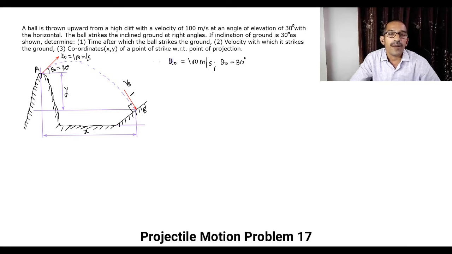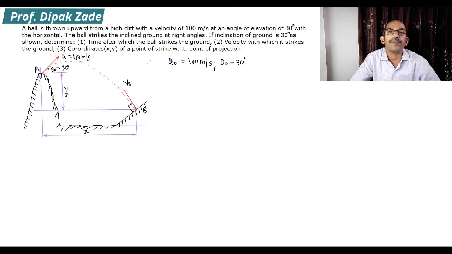So the ball strikes perpendicular to the inclined ground. The inclination of this ground is given here as 30 degrees.